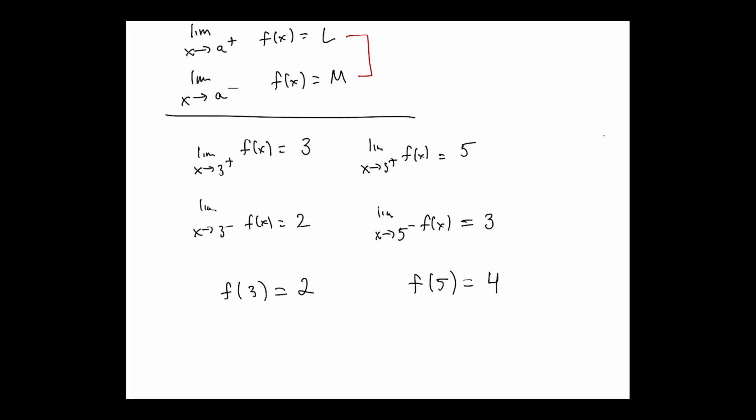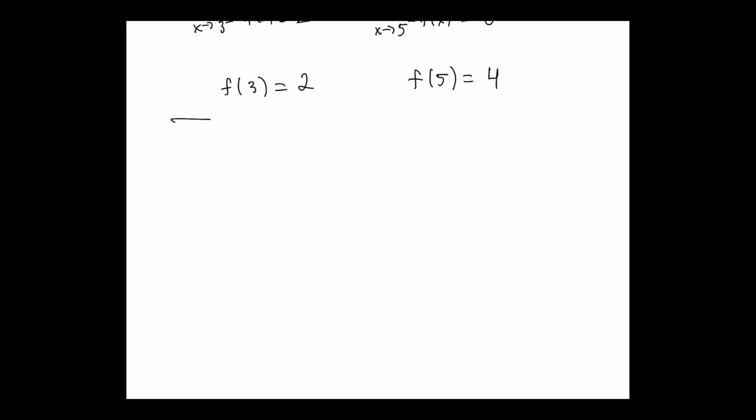So let me see what's next here. Okay. So the big theorem here is what's the relationship between one-sided limits and regular, or we might call them two-sided limits. So limit as x approaches a. All right.